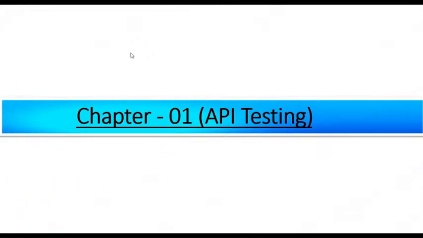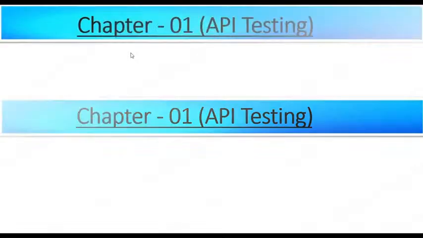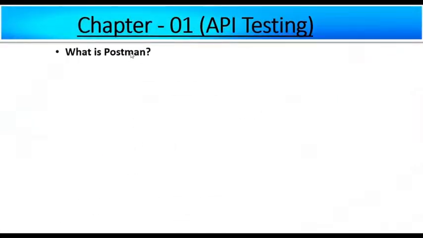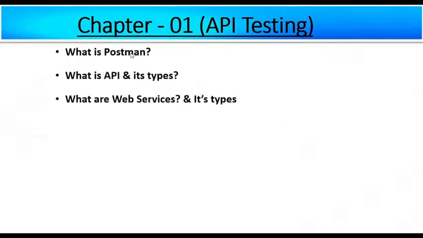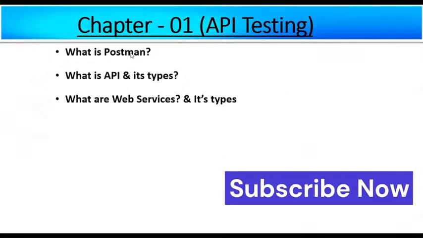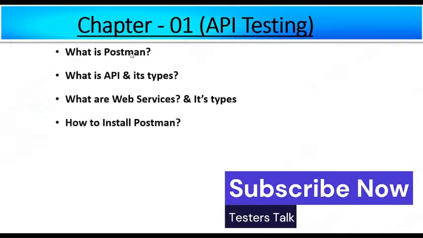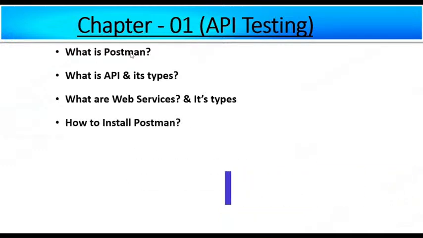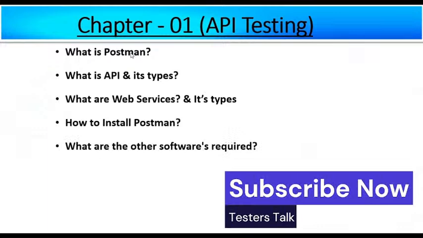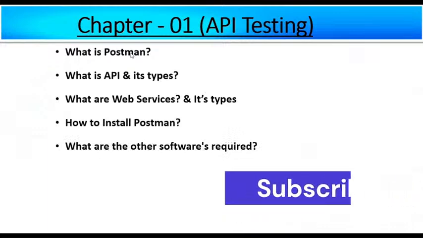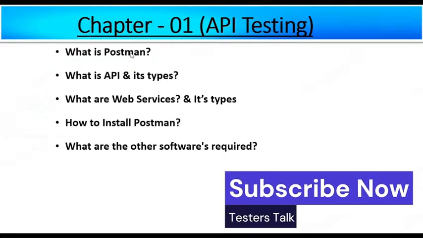In this first chapter of the API testing tutorial, I will discuss what is Postman, what is API, and what are the different types of API we have, and we will discuss what are web services and its types. Then I will discuss how to install Postman, and what are the different softwares required for this entire course.